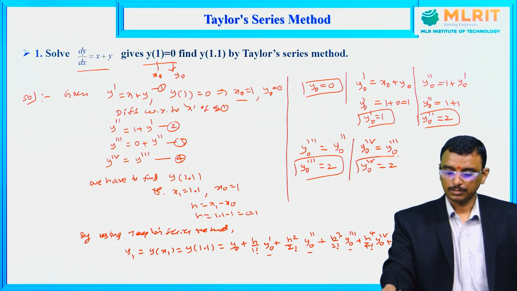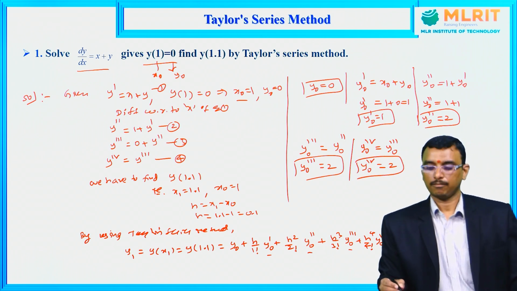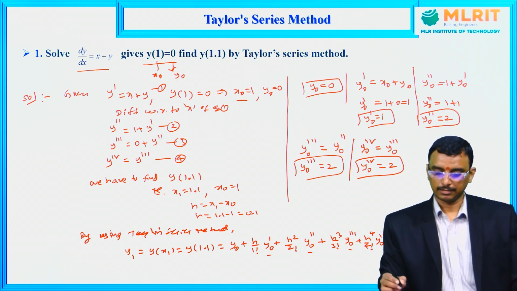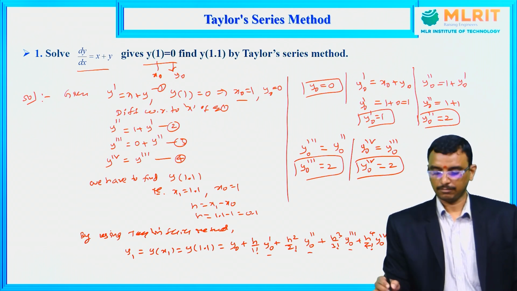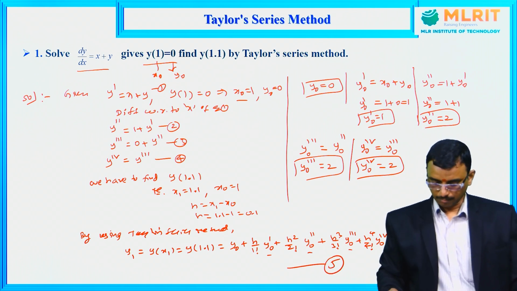So now we substitute these y naught dash, y naught double dash, y naught triple dash and y naught fourth order values in equation 5, then we'll get y of 1.1.